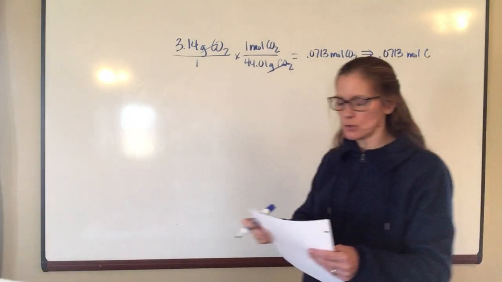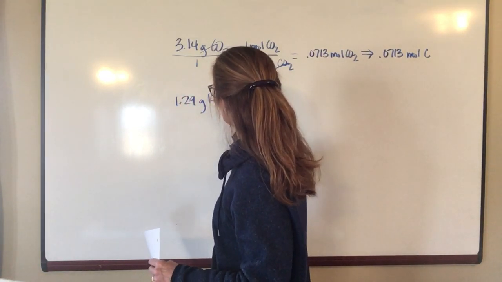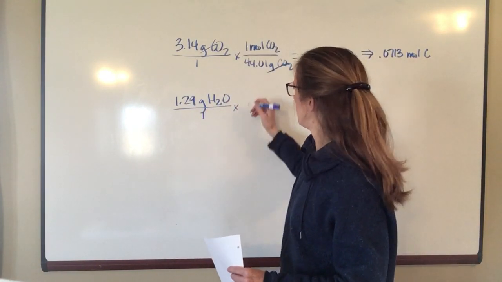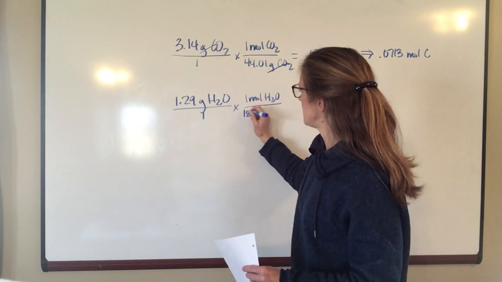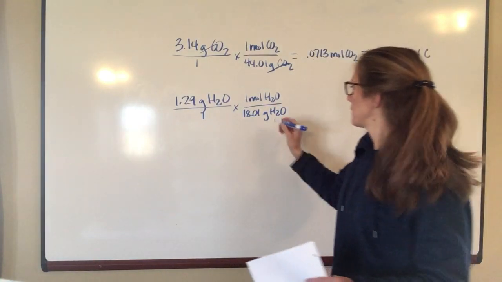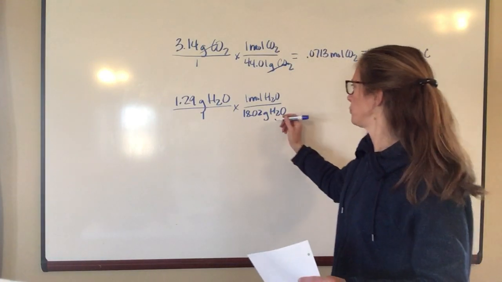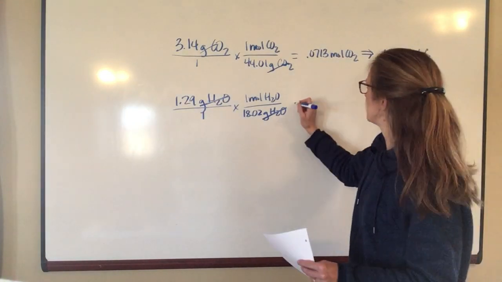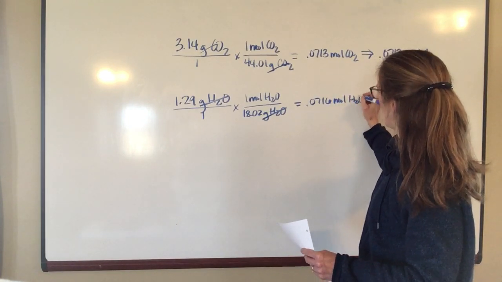All right, now let's move on to the water. I have 1.29 grams of water. Okay, for every 1 mole of water, I have 18.01 grams of water. That's the molar mass. Okay, I'm sorry, 18.02. If you say hydrogen's 1.01, you're going to end up with 18.02. So your grams of water will cancel out, and I'm going to have 0.0716 moles of water.